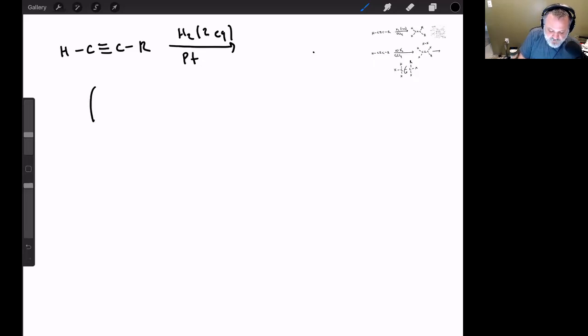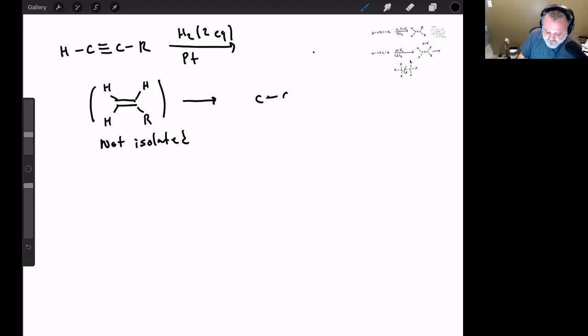Remember, there will be an intermediate, and the intermediate will involve a cis addition or a syn addition of these two hydrogens. But this is not able to be isolated, so you can't isolate this. And so it continues to move forward, and we just add hydrogens everywhere, and you get it fully reduced.